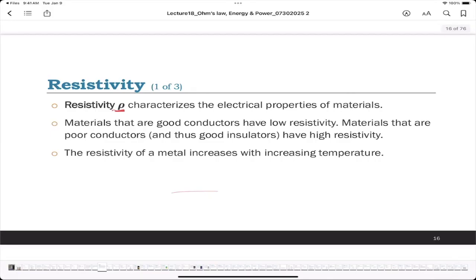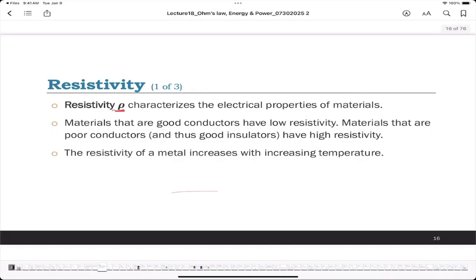Materials that are poor conductors, and thus good insulators, have high resistivity, such as paper and wood. They have very high resistivity. And the resistivity of a metal increases with increasing temperature. If the temperature increases, the resistivity of a metal will increase at the same time.